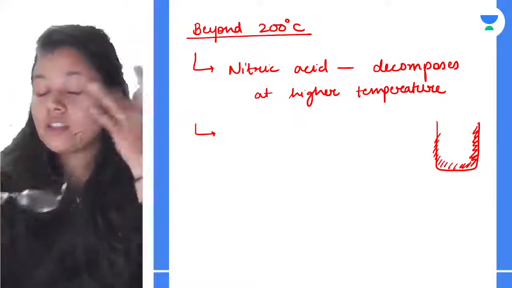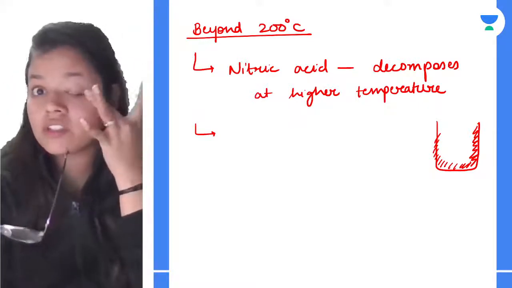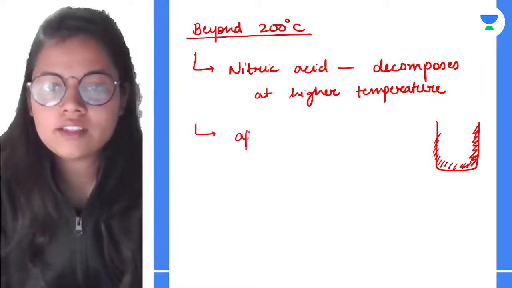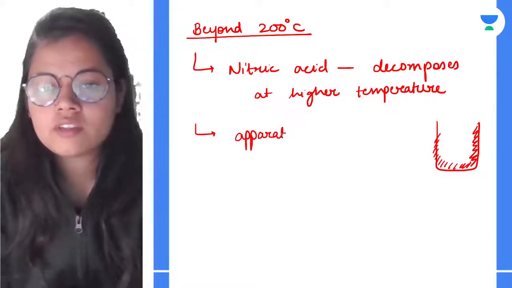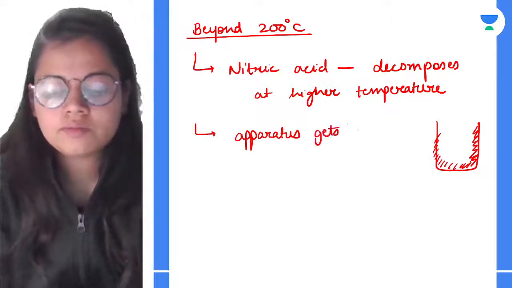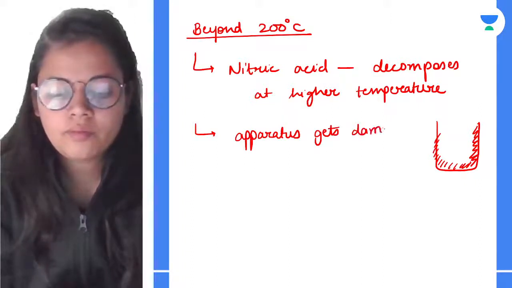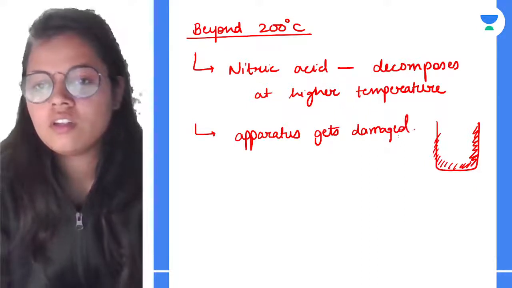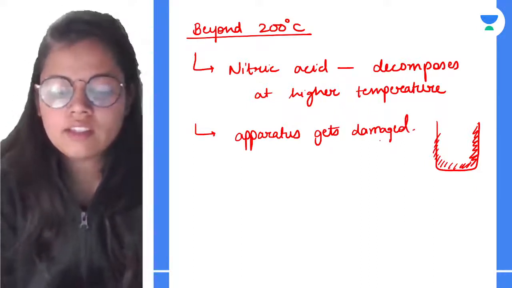So that is the reason why we are maintaining the temperature below 200 degrees Celsius. So I can say the apparatus gets damaged. Okay, this is the reason.